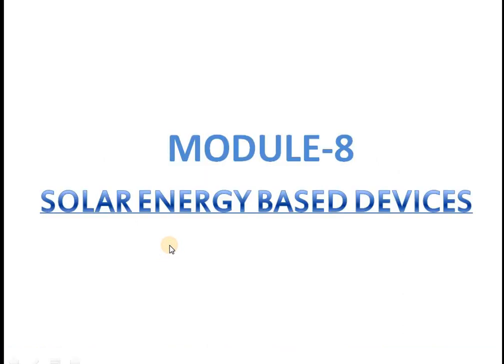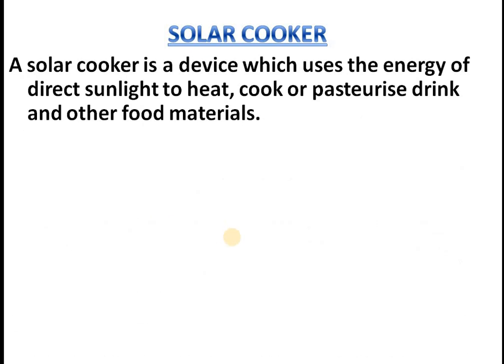Starting with the solar energy devices, the first device is the solar cooker. You know how a typical cooker works. With thermal energy you can cook any food, but here instead of any other energy we will make use of solar energy for cooking.